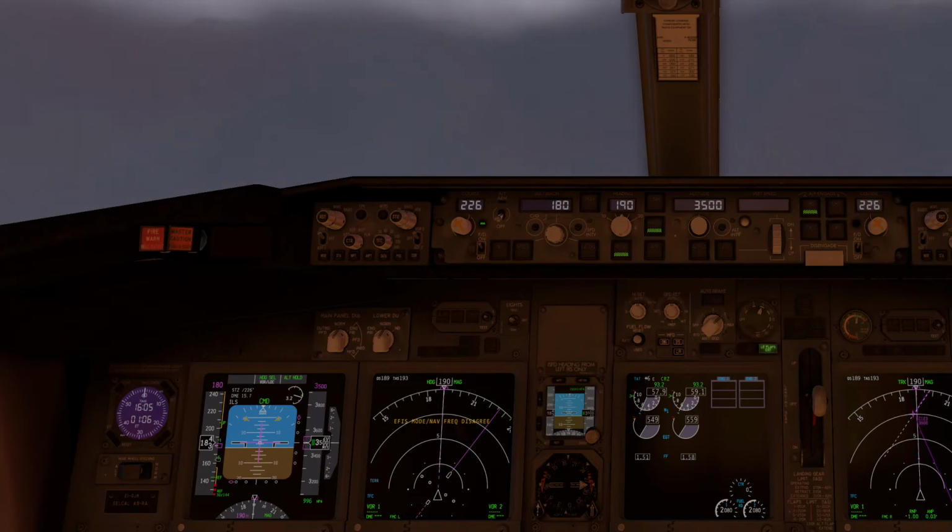Nearly above the cloud ceiling. 15.4. Localizer is not yet active.